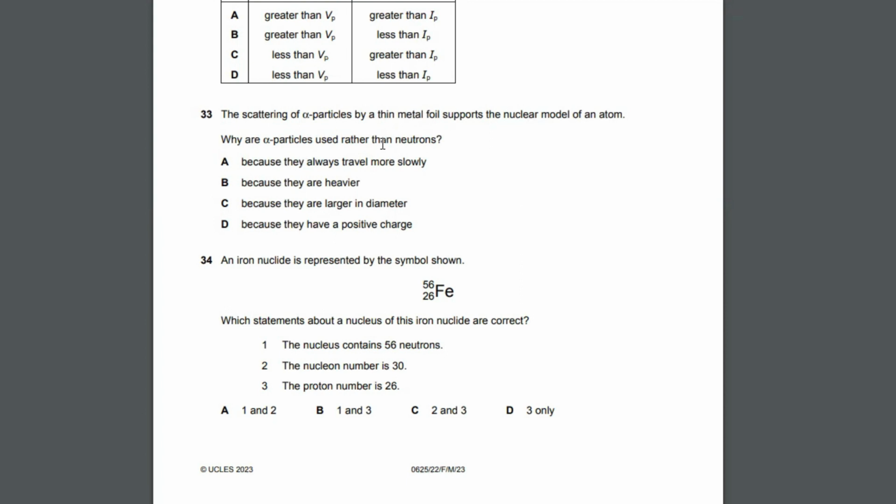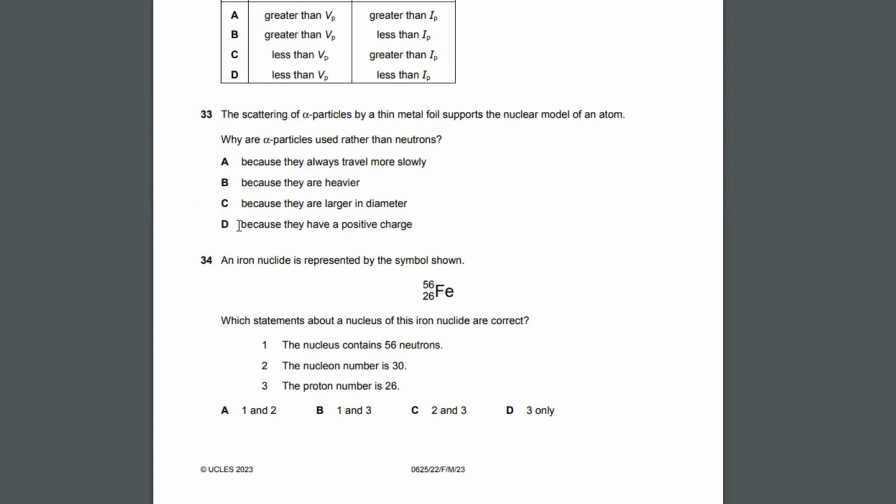So if I use a neutron, it won't interact with the charge of the proton. Instead, we are using alpha particles because they also have a positive charge. So this positive charge will interact with the positive charge in the atom, which was theorized, and it did, and that's why we could see a deflection.